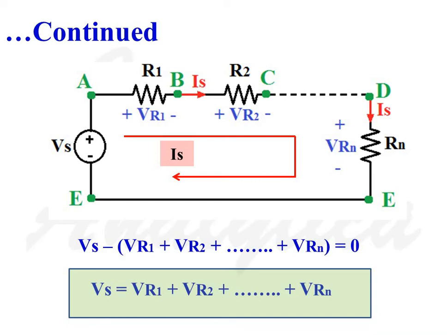So here minus is common to VR1, VR2 to VRn. So therefore we can rewrite this equation as Vs minus inside bracket VR1 plus VR2 plus VR3 plus etc. plus VRn is equal to 0. So Vs is equal to VR1 plus VR2 plus etc. plus VRn.